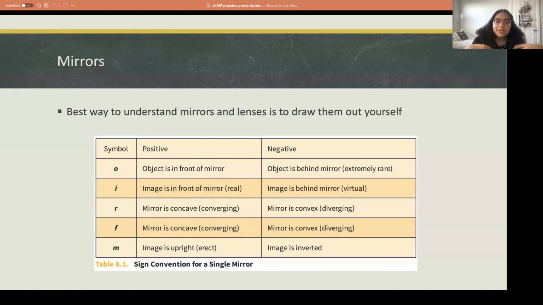A positive image would be a real one that's in front of the mirror, but for example, like the plane mirrors we were talking about, a lot of images are virtual and behind the mirror, and that would be a negative sign on the number associated with the distance of the image. For concave versus convex mirrors, there's also a sign convention. And if your image is upright, that would be positive, inverted is negative.